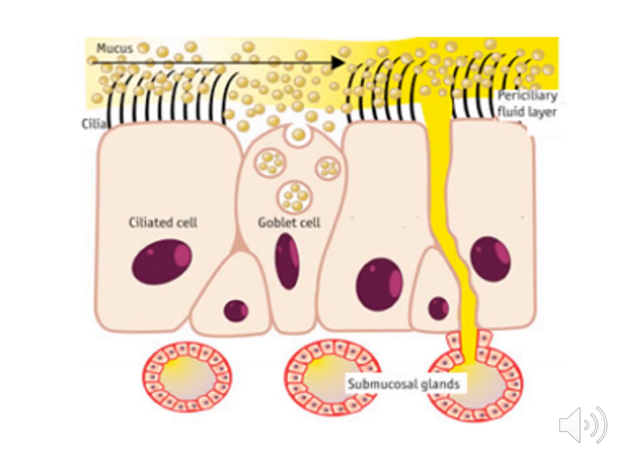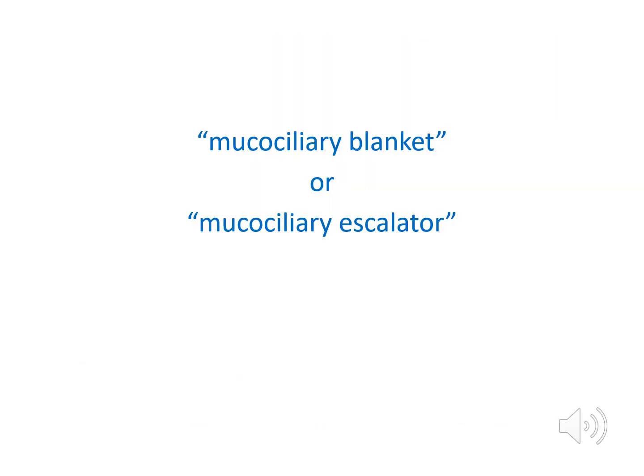Anyway, that is a protective mechanism, right? It's part of how the conducting airways filter the air. Some people call it the mucociliary blanket or the mucociliary escalator. So just in case you hear those terms, you know what we're talking about.